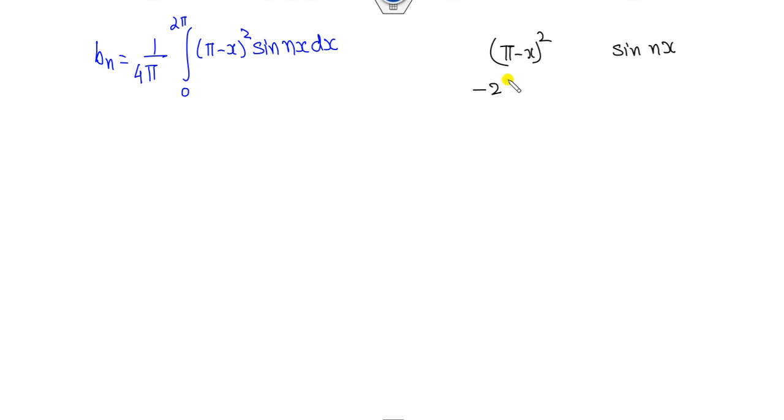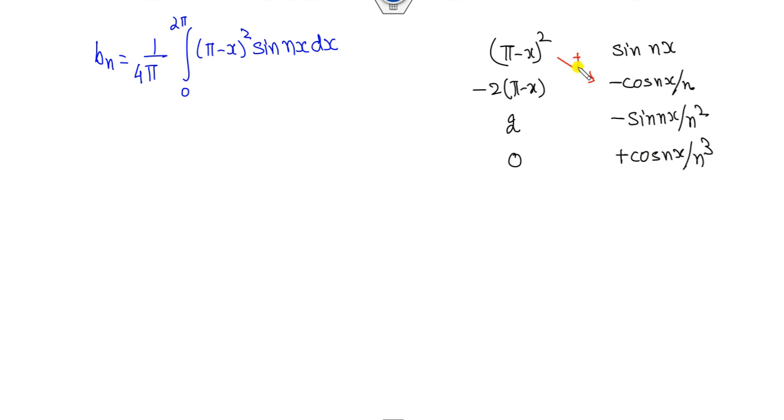The first derivative will be minus 2 times this, minus minus plus 2 and 0. Then it will be cos nx over n minus sin nx over n square plus cos nx over n cube. So positive, negative and positive.